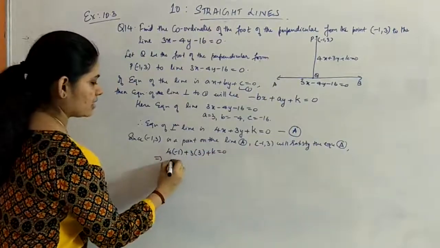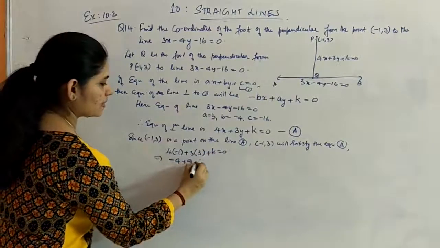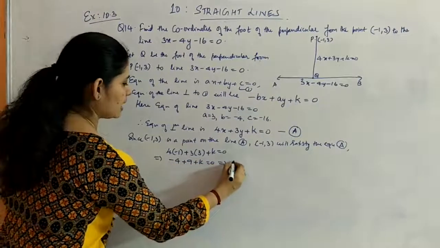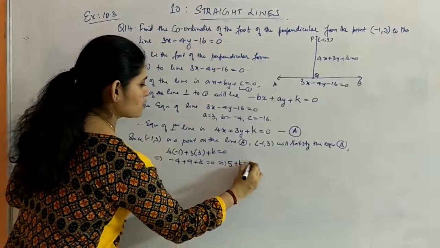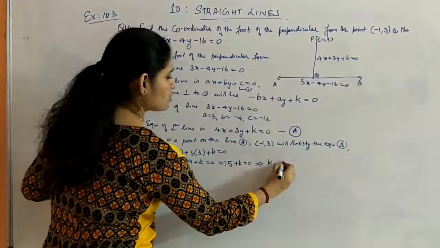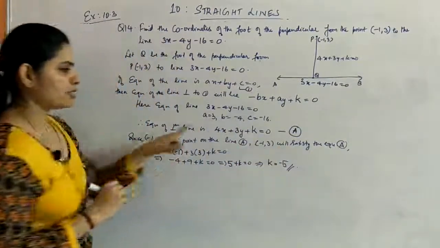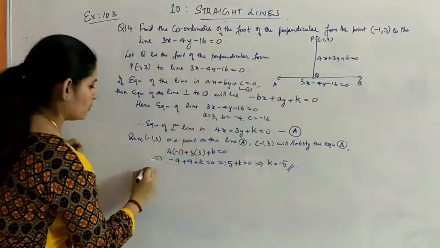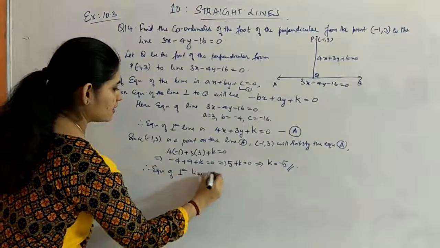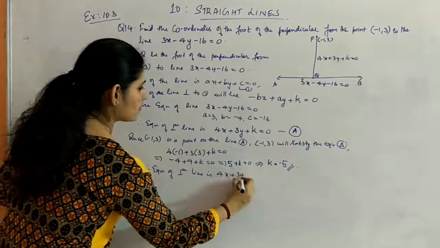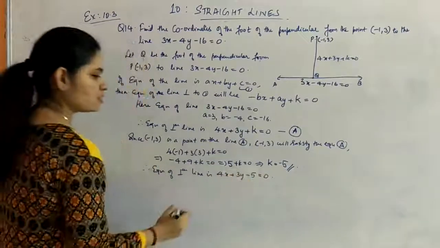That means you will get minus 4 plus 9 plus k is equal to 0, which gives 5 plus k equal to 0, or k is equal to minus 5. That means you got the equation now. Therefore, the equation of the perpendicular line is 4x plus 3y minus 5 equal to 0.